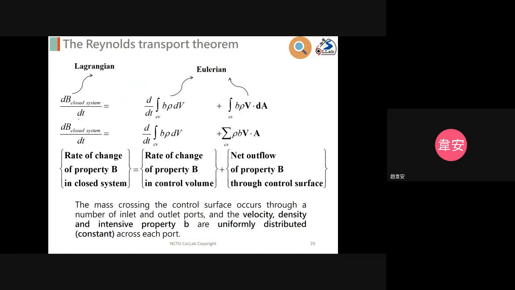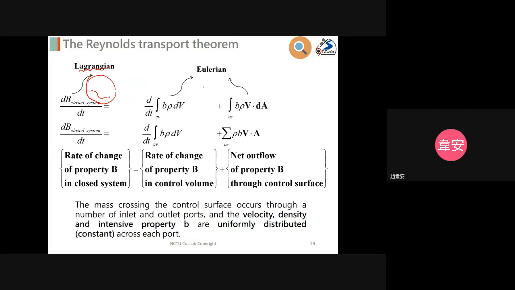So as we mentioned, the left side is the dB closed system dt. This is based on the Lagrange concept. Just fix one point and check the point at different times. So usually this is for closed systems, and it is easy to pick up one particle and check its trajectory.